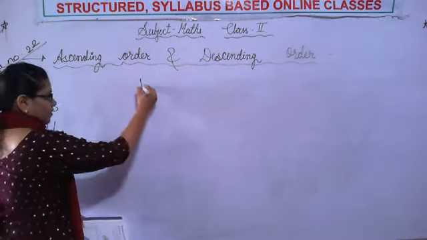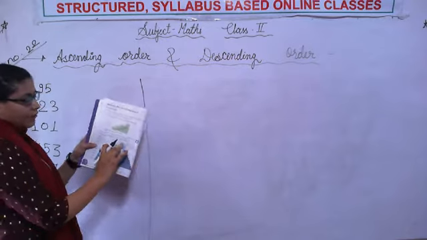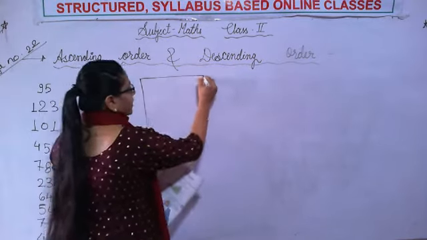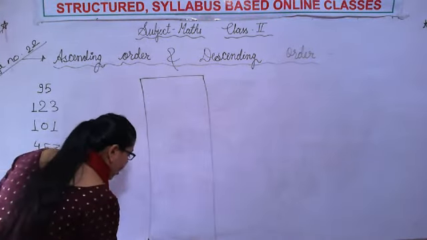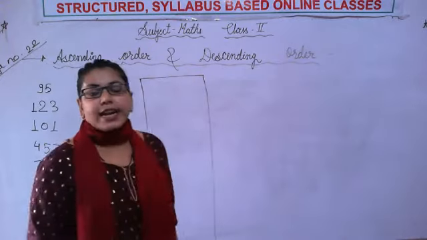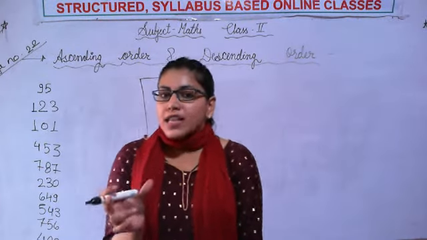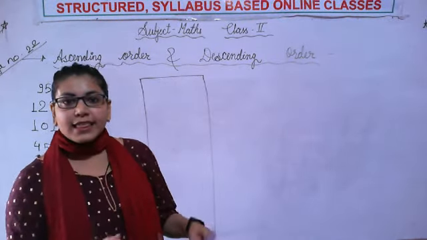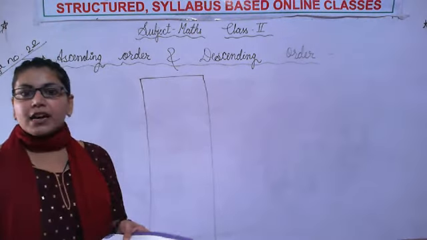I am not going to draw all of this, I will just draw this part only. In ascending order, we put the smallest value first and then move towards the bigger value.